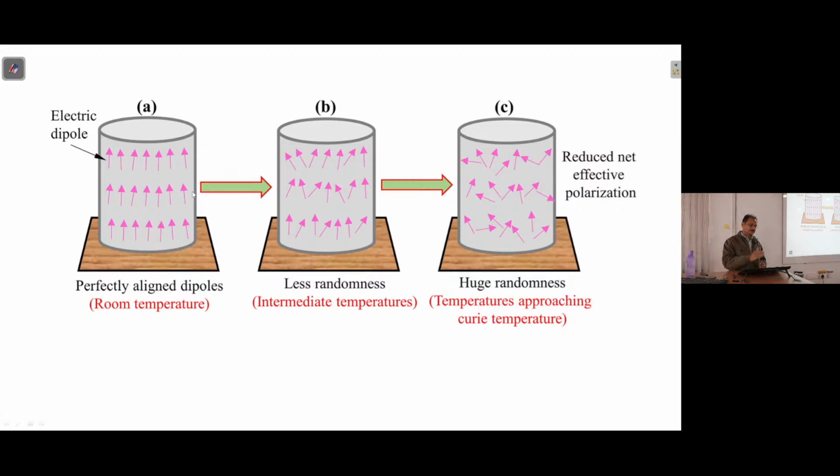Since the polarization is lost, the piezoelectric effect is completely lost at this temperature. That is the reason that as we keep increasing the temperature, this higher randomness causes a weaker signal at higher temperatures.